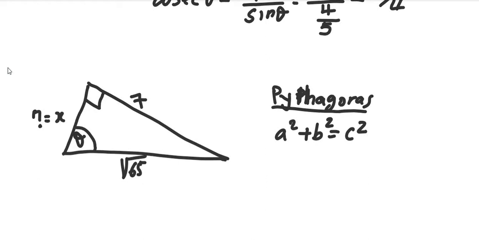I know that my a represents my opposite, so I will have 7 squared plus my b represents my adjacent. I will have x squared is equal to, and my c squared represents my hypotenuse. I will have the square root of 65, all that square.